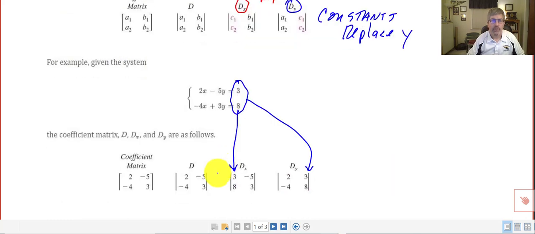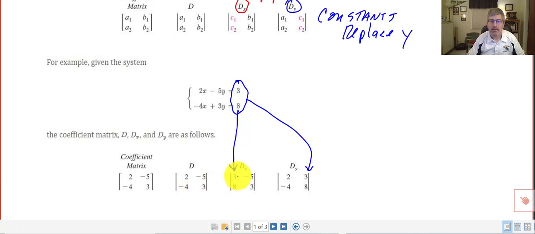So in a real system, 2x minus 5y equals 3 and negative 4x plus 3y equals 8. Our coefficient matrix is super easy to see: 2, negative 5, and negative 4, 3 are our two rows. D is just the same thing; we can calculate the determinant: 2 times 3 minus negative 4 times negative 5.